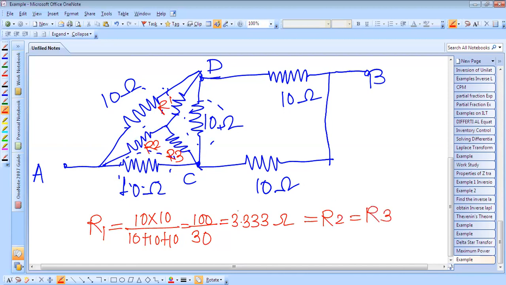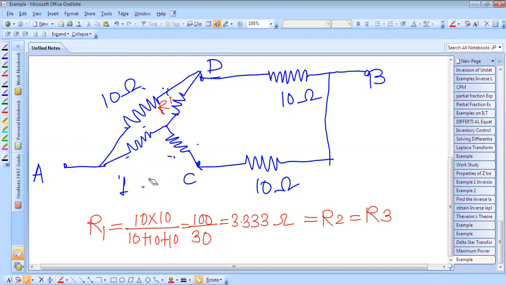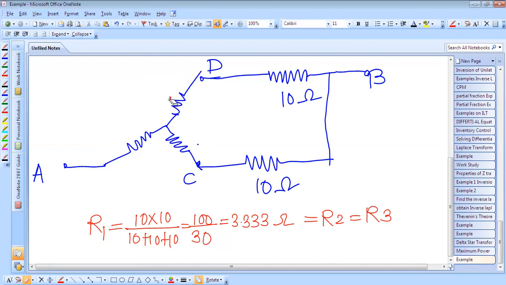Okay. So what will happen? This will get now disconnected. Okay. This will also now get disconnected, and this will now get disconnected because we have converted this delta into the star.